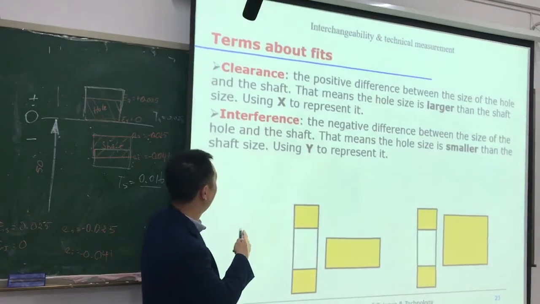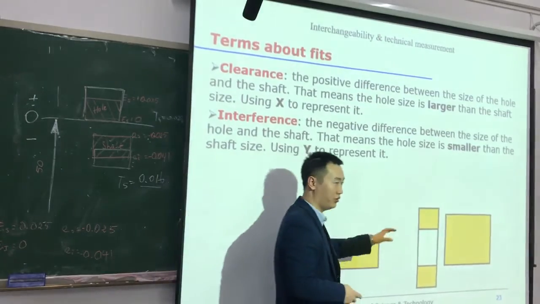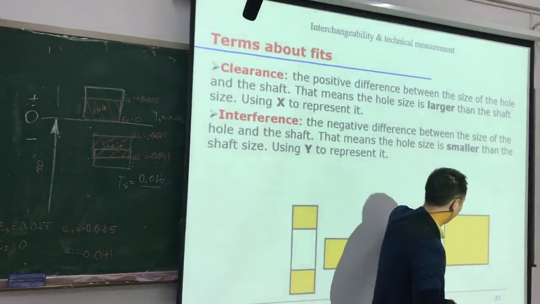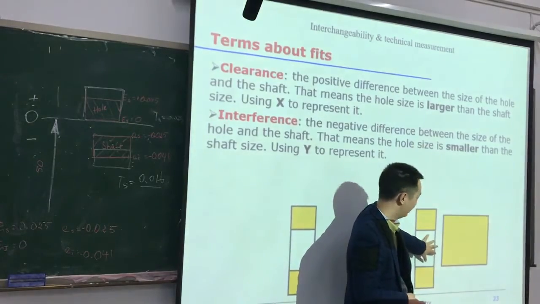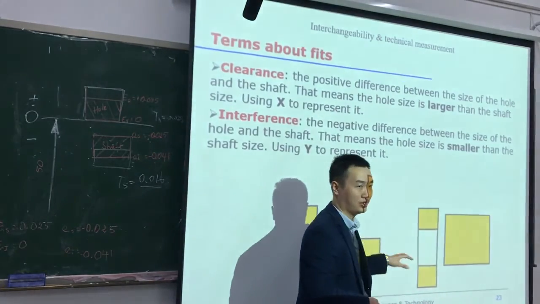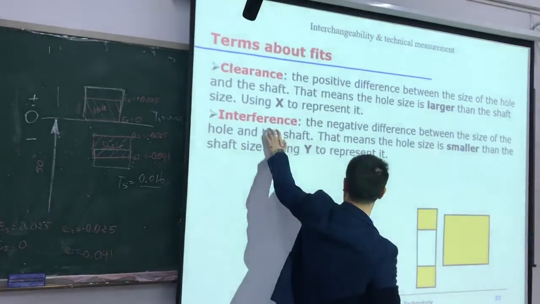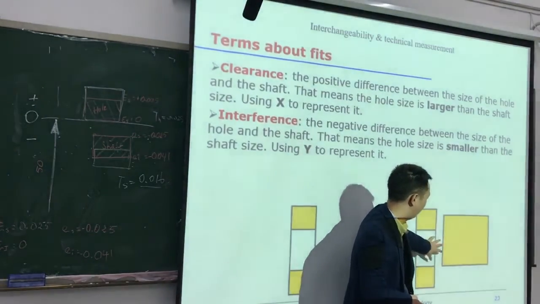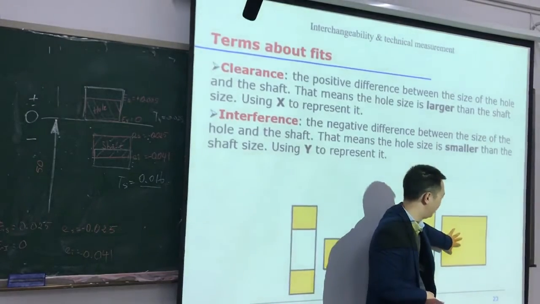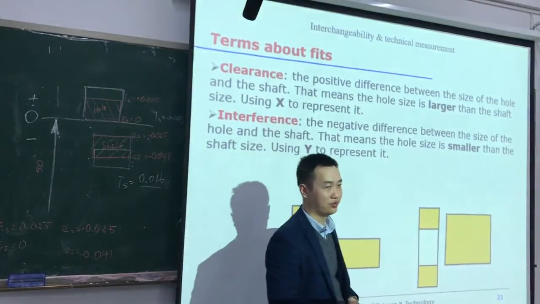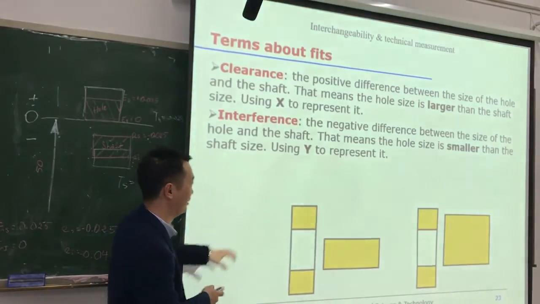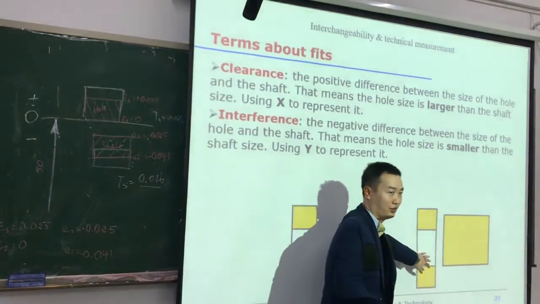When we calculate the interference, remember not to use the size of the shaft minus the size of the hole. In fact, we use the same equation: the size of the hole minus the size of the shaft. It's a negative value, but it's okay. The negative value just indicates that the fit is interference.